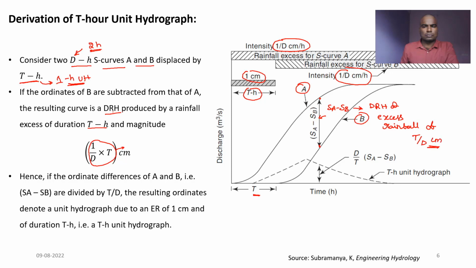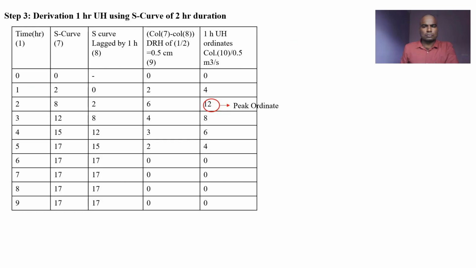This is the statement. Now from this DRH we need to calculate the 1-hour unit graph, where T is 1 hour in our case. So we will simply divide this DRH by the T by D excess rainfall depth. So we will get the T-hour unit graph. This is the procedure.